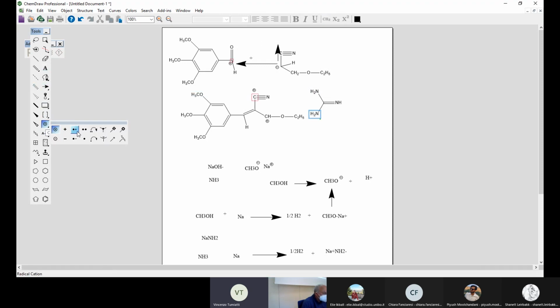These two amino groups have their lone pairs. These two lone pairs are able to attack directly the first one, the carbon atom of the nitrile group, and the second one, the carbon close to the oxygen.